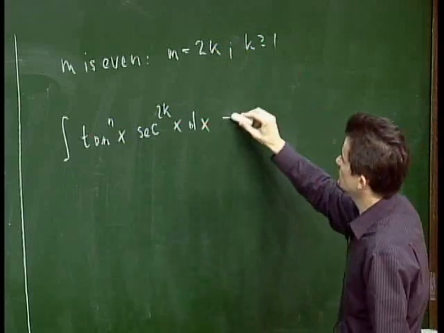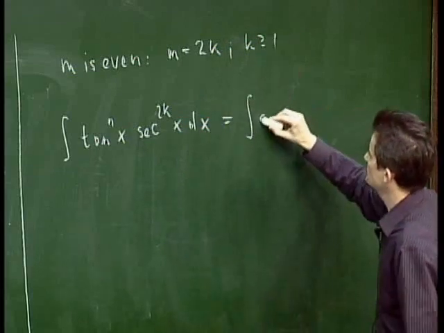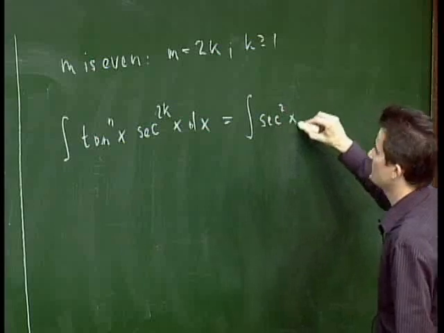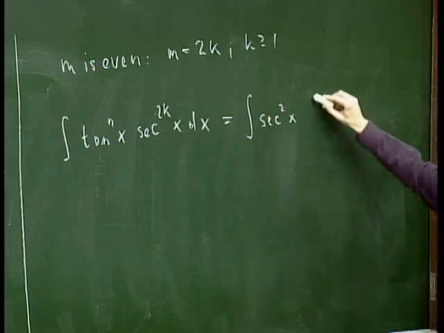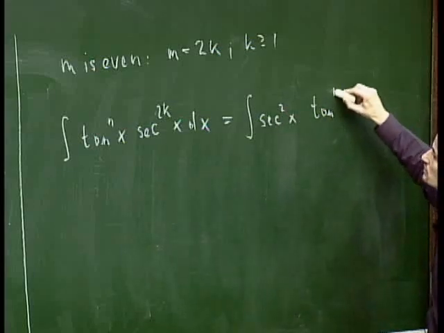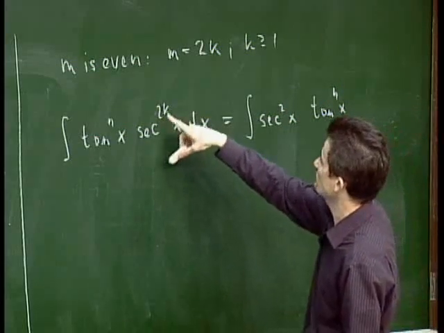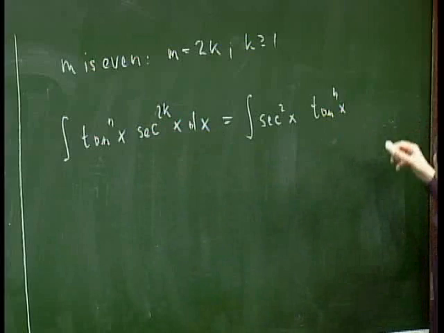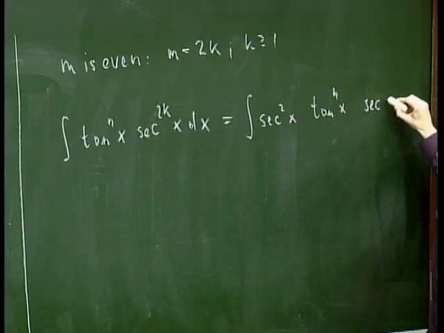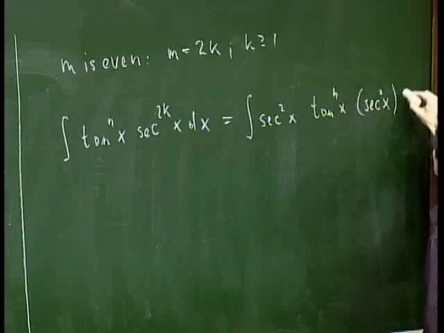The given integral is tangent to the nx times secant to the 2k x dx. Now we take out the secant square of x, and then we have here a tangent to the nx, and here we reduce the power by 2, so we have a secant of x square to the k minus 1 dx.